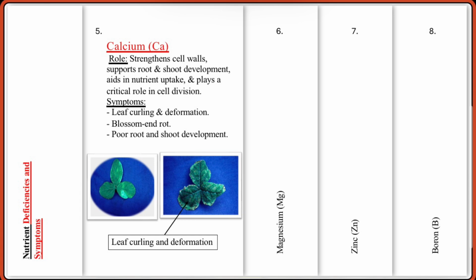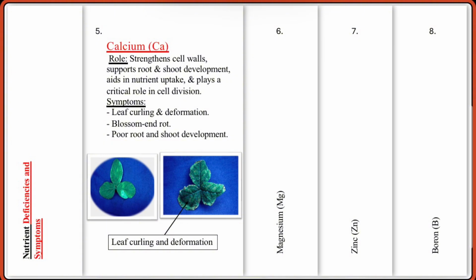The symptoms of calcium deficiency: leaf scarring and deformation, rot of leaf margin, poor shoot development, brown spots on young leaves, and also reduced leaf expansion or leaf size, as you can see in the picture that is presented.